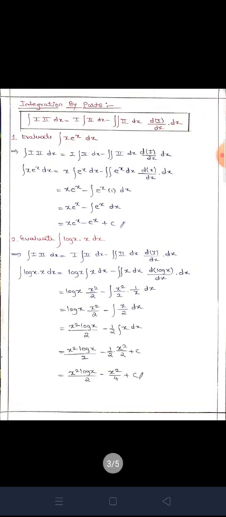For integration by parts you have a formula: integration of first and second term with respect to dx is equal to the first term as it is, integration of the second term with respect to dx, minus double integration of the integration of the second term dx into differentiation of the first term with respect to x, into dx.